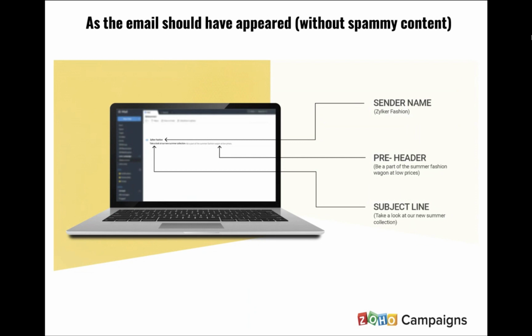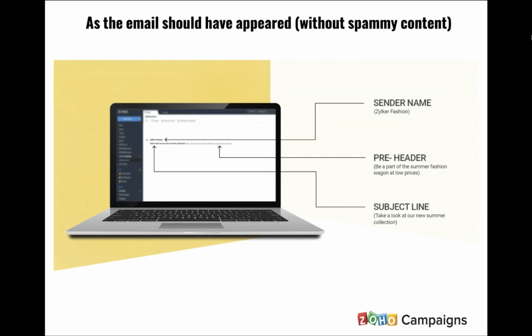The sender name says Zilker Fashion. Good. Here the pre-header says, be a part of the summer fashion wagon at low prices. And the subject line says, take a look at our new summer collection. This also creates curiosity among the people. Plus, this doesn't have any spammy elements or spammy words in the pre-header, subject line, or sender name. So in this case, before the email is actually opened, this kind of content is good.